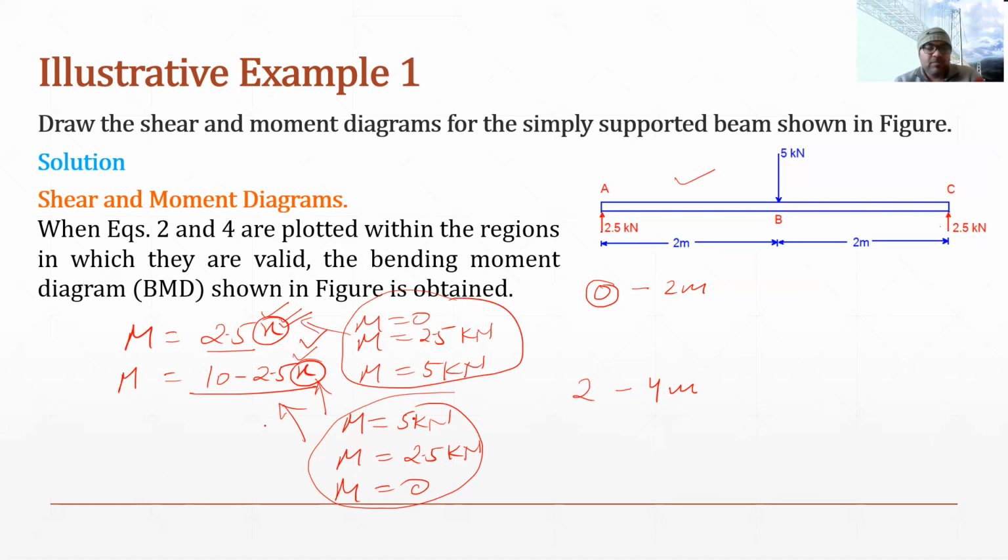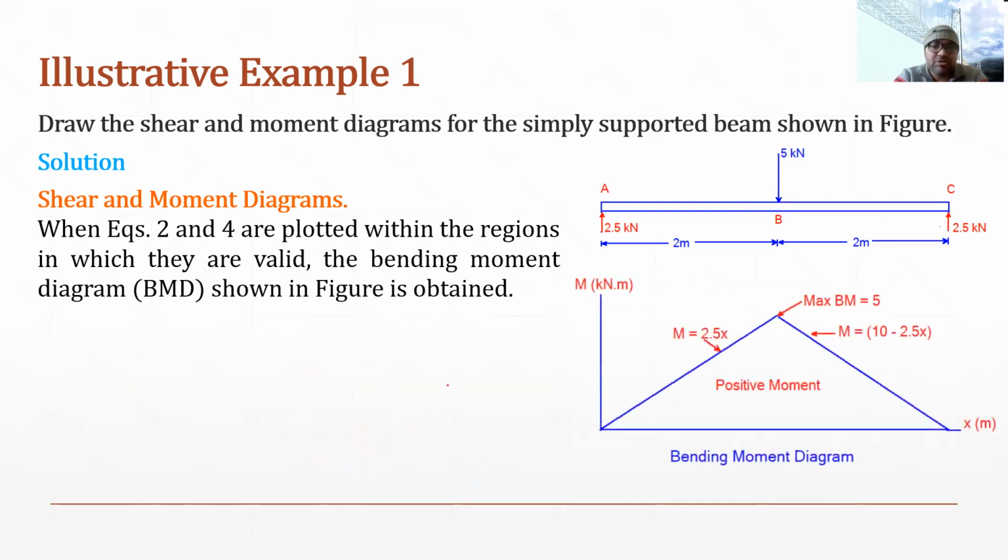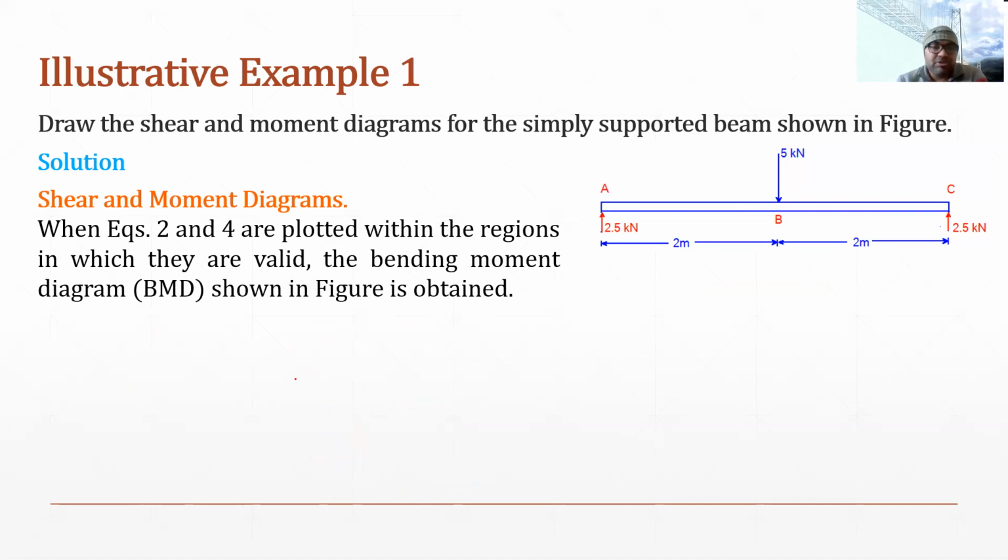Now, one more thing that we need to see here is that the equation that I am showing you here, 2.5x, and this equation, 10 minus 2.5x. In both the equations, x is in the order of 1.